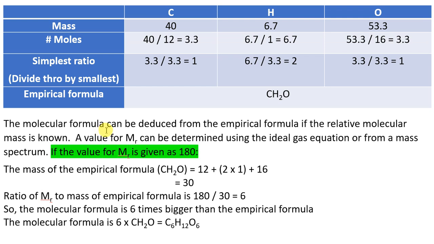The molecular formula can be deduced from the empirical formula if the relative molecular mass is known. A value for Mr can be determined using the ideal gas equation or from a mass spectrum, and I'll do separate videos on both of those in due course. But if the value for Mr is given as 180, I know my empirical formula is CH2O.